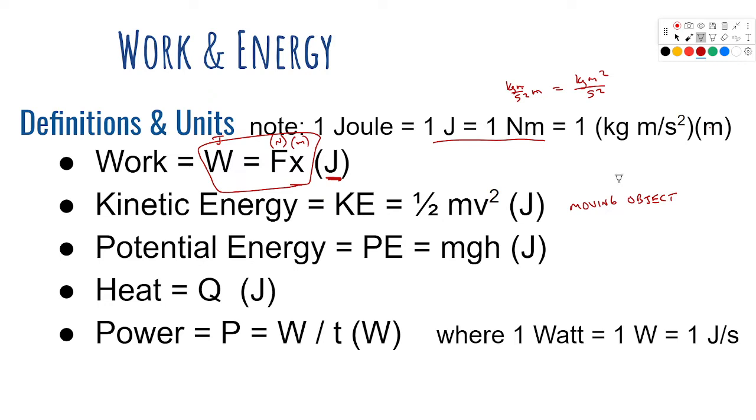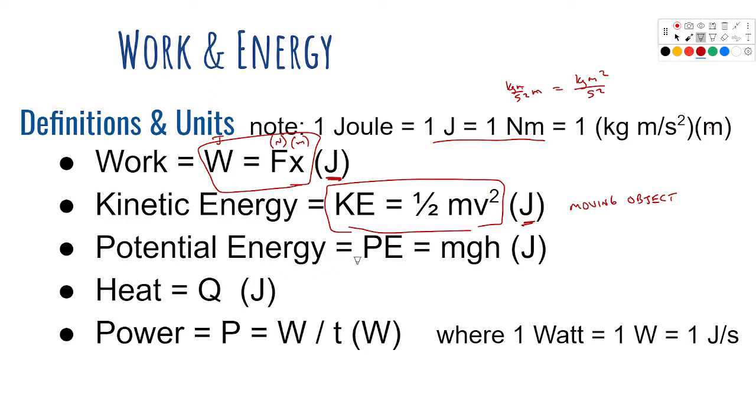It has energy. Every moving object has energy. So the little formula for that would be the kinetic energy equals 1/2 mv squared. And believe it or not, that also gets measured in joules. All of these forms of work and energy get measured in joules because they're all kind of variants of the same thing, and we can transform from one into the other.